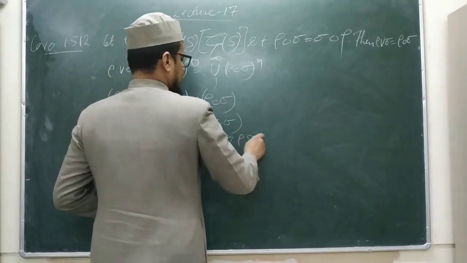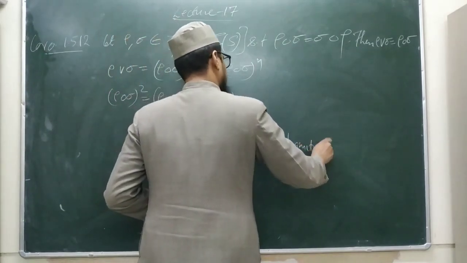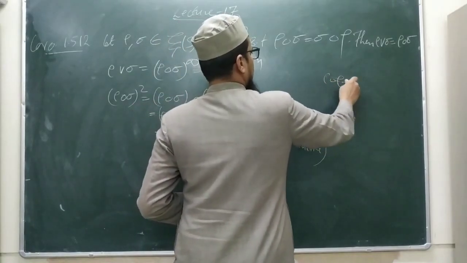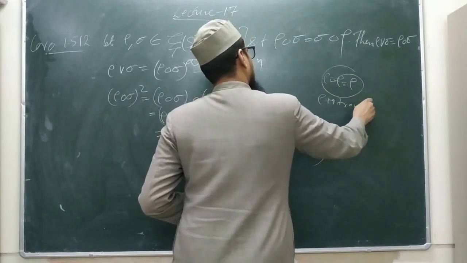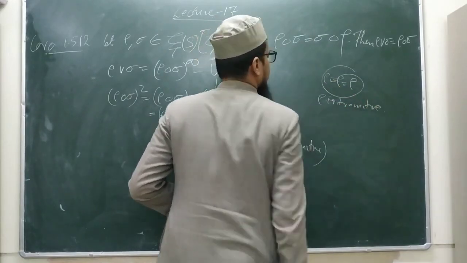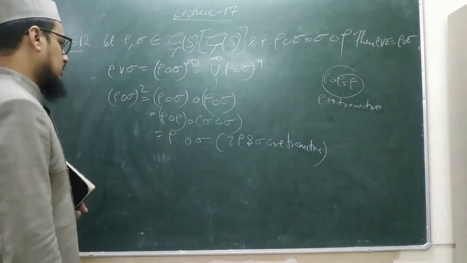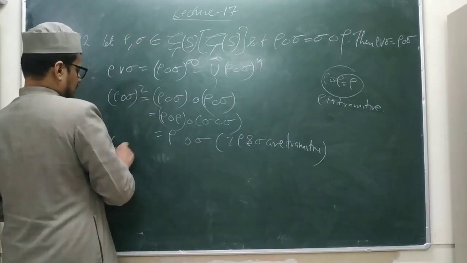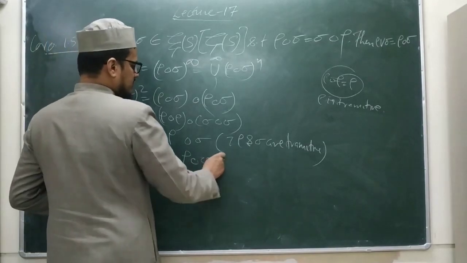So when rho is transitive, it is equal to rho, and when sigma is transitive, it is equal to sigma. Always remember, if rho is transitive, then rho composition rho is rho, correct? So this is the rho composition sigma. Similarly, rho composition sigma to the power n, if you calculate, it will come as rho composition sigma.